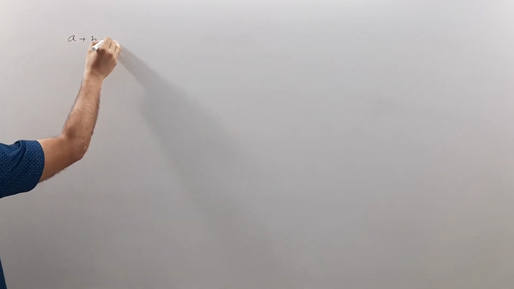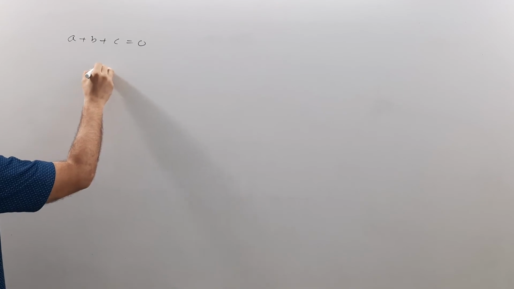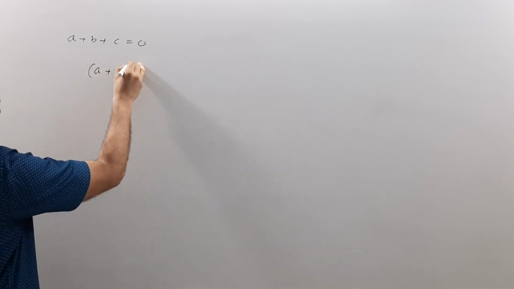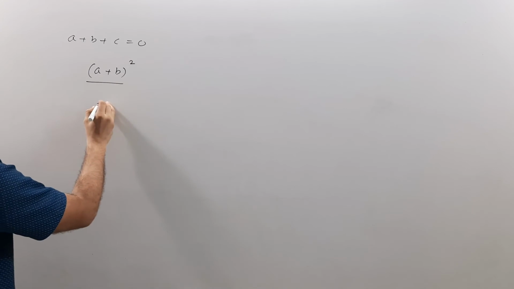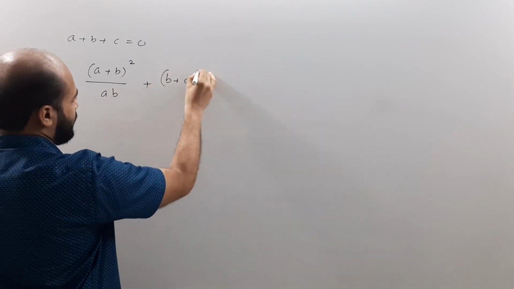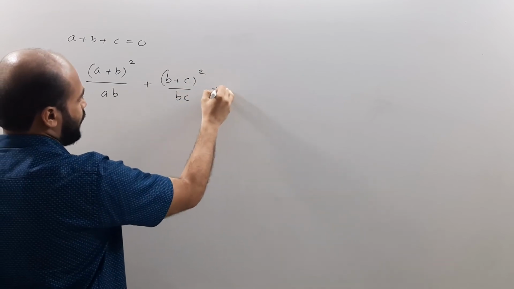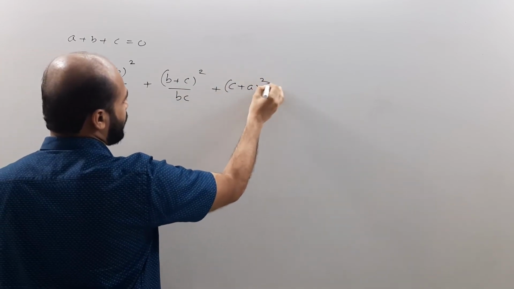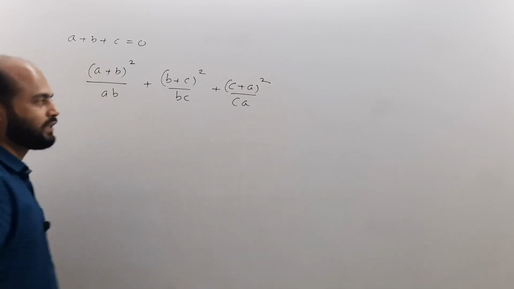Now in this case, the next problem, you have been given that a plus b plus c is equal to 0, and you have to find the value of (a plus b) the whole square by ab, plus (b plus c) the whole square by bc, and (c plus a) the whole square by ca.